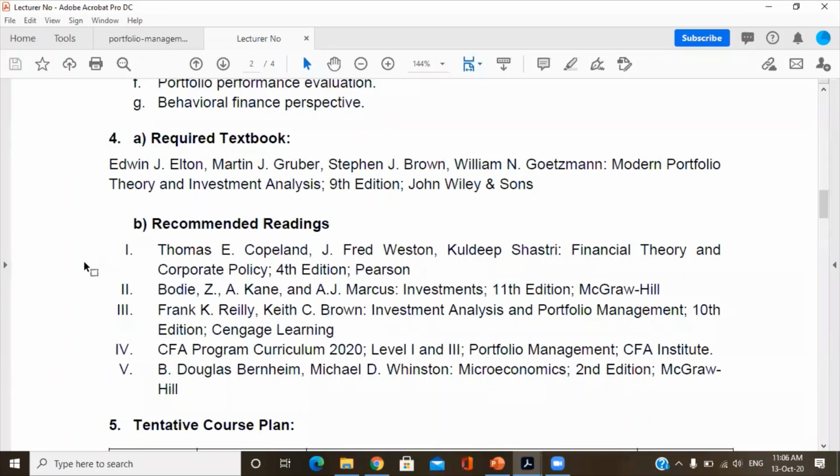We'll also try to provide soft copies of the texts, as it has become difficult for you to collect the physical copies. And if anything is covered outside of the texts, we will give you the reference or a handout.